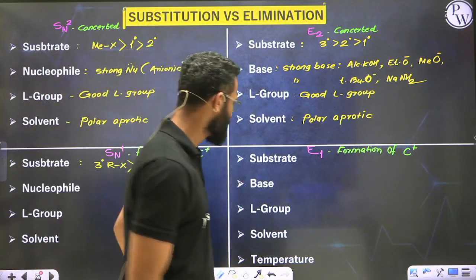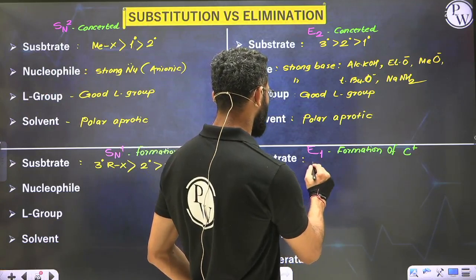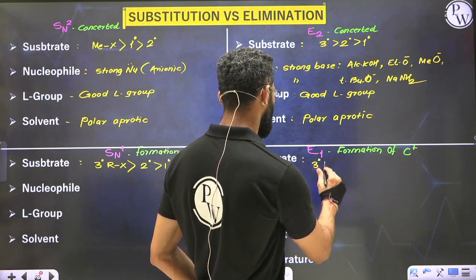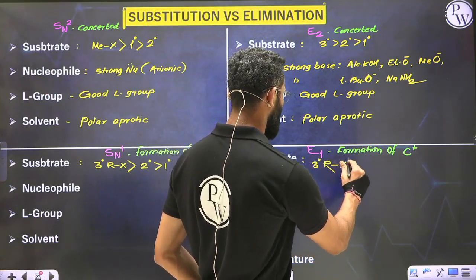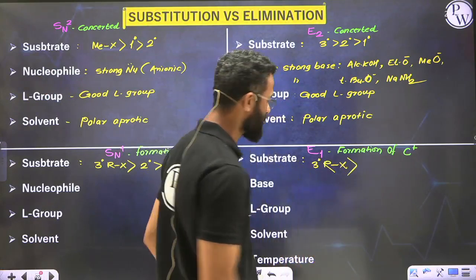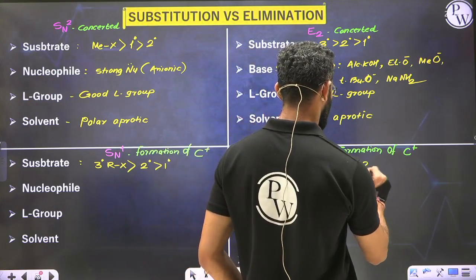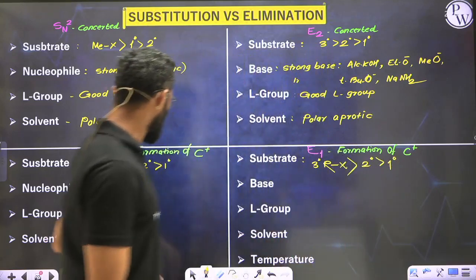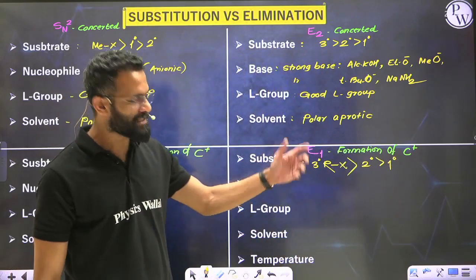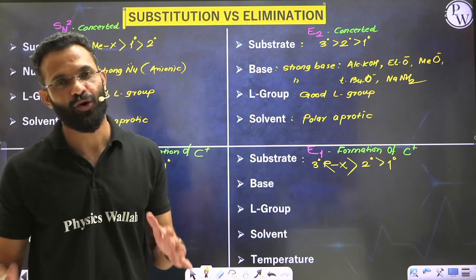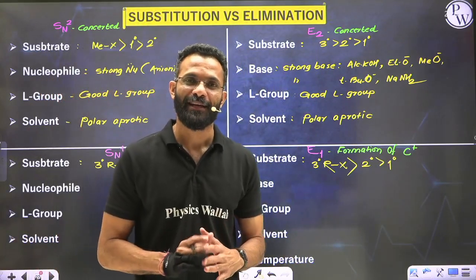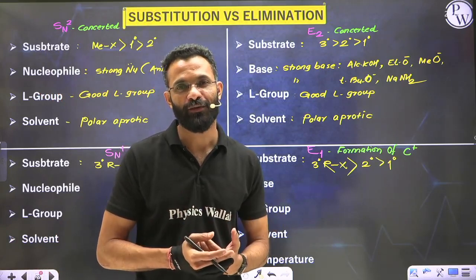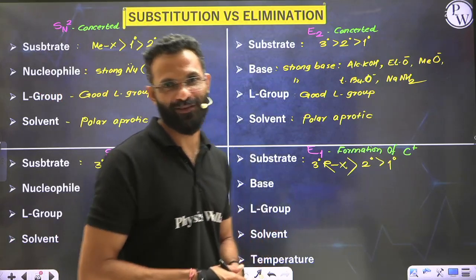Similarly for E1, the order of reactivity of substrate is tertiary alkyl halide, most reactive, followed by secondary alkyl halide, and the least reactive will be primary alkyl halide. But because SN1 and E1 result in the formation of a carbocation, we should always keep one factor in mind. If there is a requirement of carbocation rearrangement, we must always do the carbocation rearrangement first.